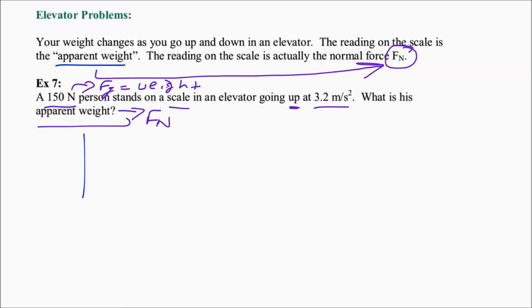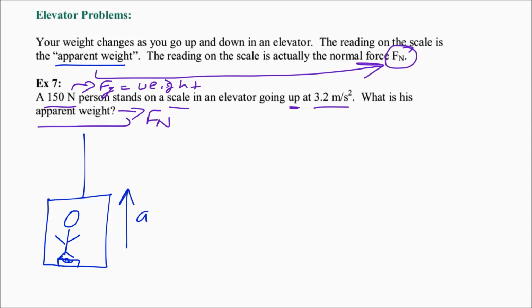Alright, so as always, we're going to draw our scene here, our picture. And let's see, we've got a little bathroom scale here, and this person standing on it. Now let's see, the elevator is going up.